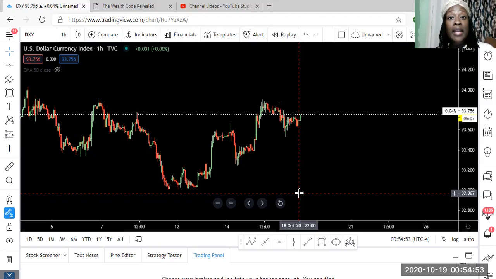Before I begin, let me just say I am not your financial advisor. I'm just sharing with you how I see the market based on structure, so I'm just sharing insight. Make sure that you always remember to trade at your own risk, because trading is risky, and you don't ever want to leverage any more than you're willing to lose.